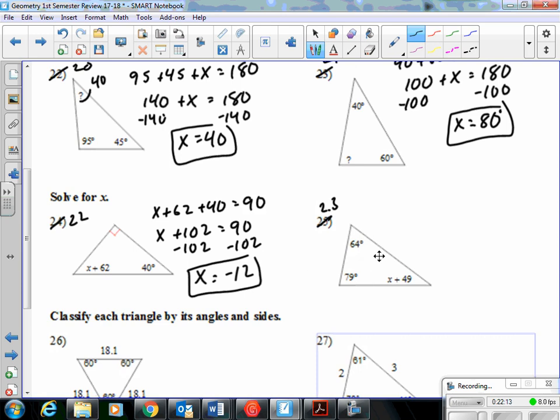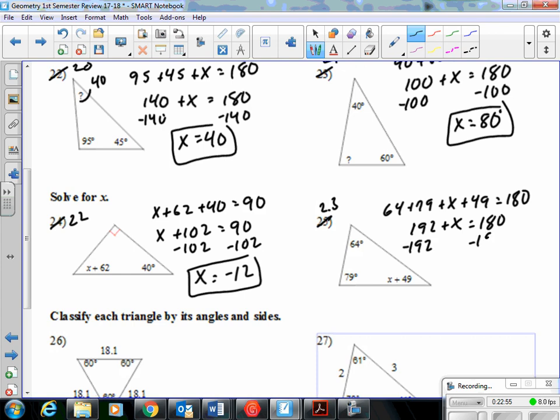23. Three angles have to add up to 180. So 64 plus 79 plus x plus 49 equals 180. And so add up our angles there. 192 plus x equals 180.